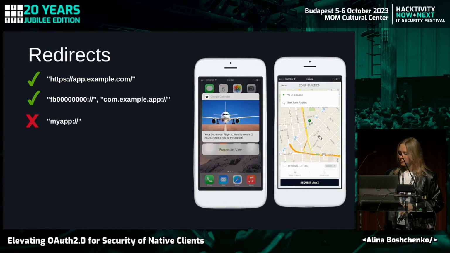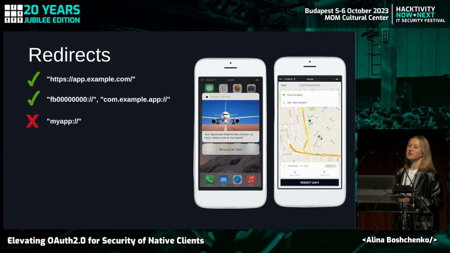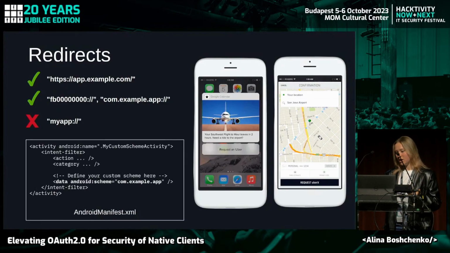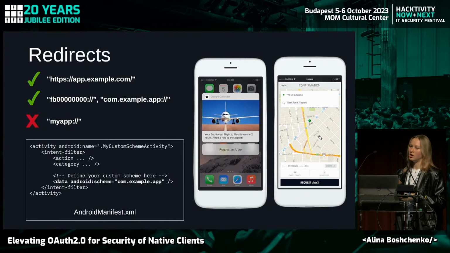Why do we need this? Well, the limitation of this approach, or a feature, you call it, is that multiple applications could register the very same custom scheme. And in this case, it would be really hard to determine which application will receive the authorization. And when applications want to register themselves as a custom handler for the custom schemes, they typically interact with operating system configuration files or APIs.